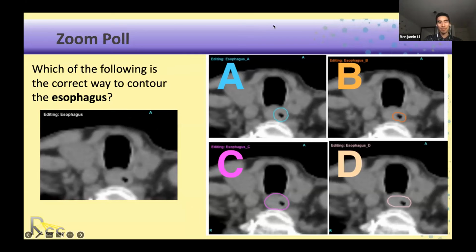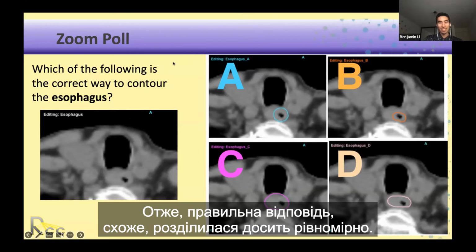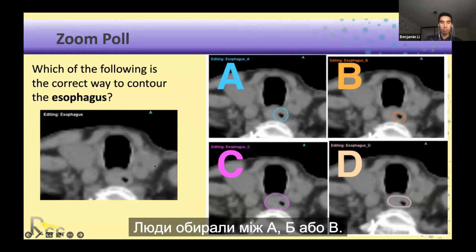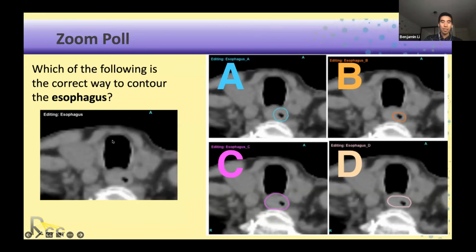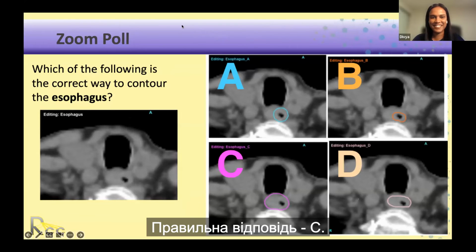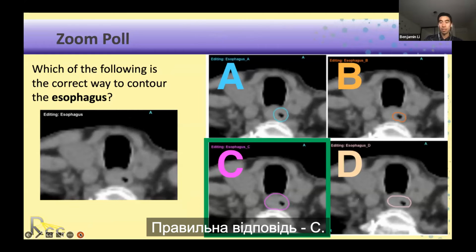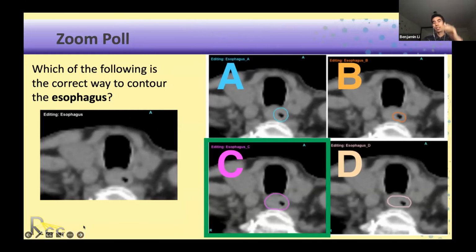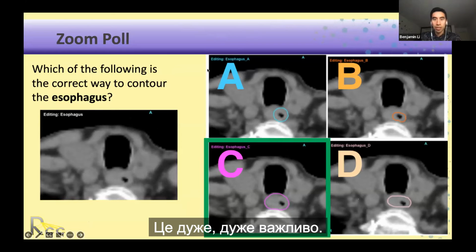So, the correct answer, it looks like a pretty even split. People were choosing between A, B, or C. D didn't get a lot of love. The correct answer is C. And this is really, really important.